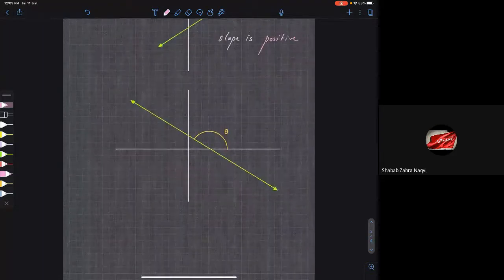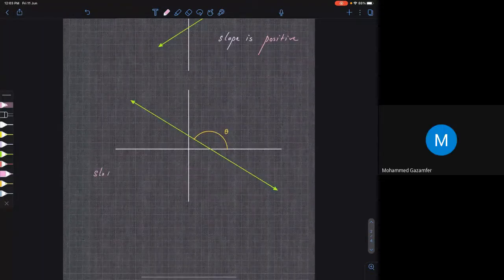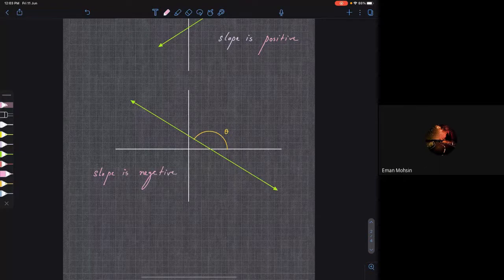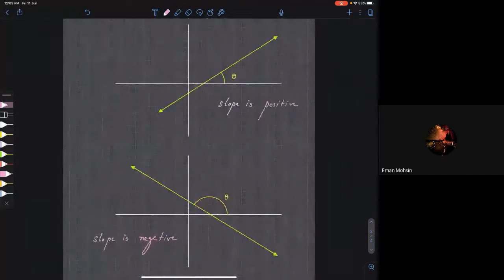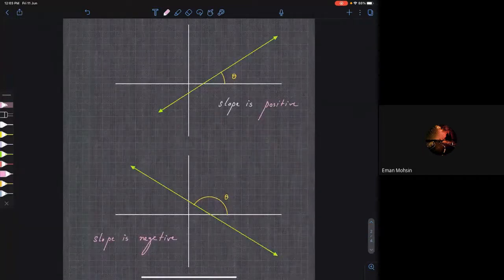Here the slope is negative. Why? Because if delta x is positive, delta y will be negative. If delta y is positive, delta x will be negative in the second case. In the first case, if delta x is positive, delta y will be positive. If delta x is negative, delta y will be negative. Therefore, slope will be positive only.